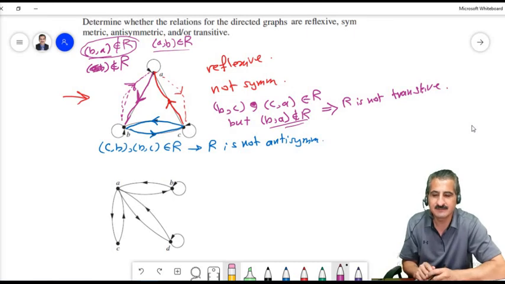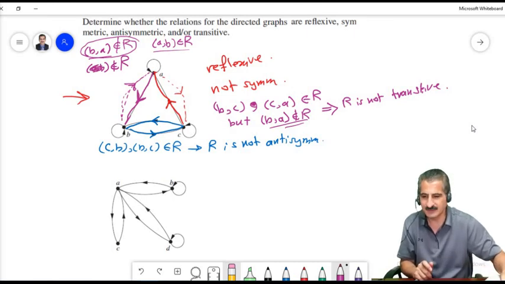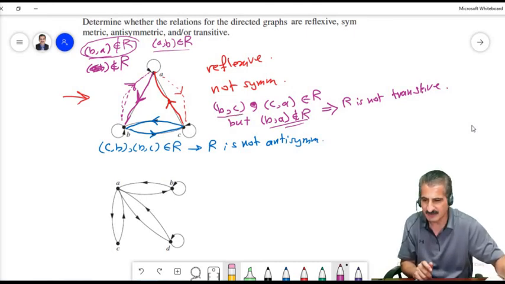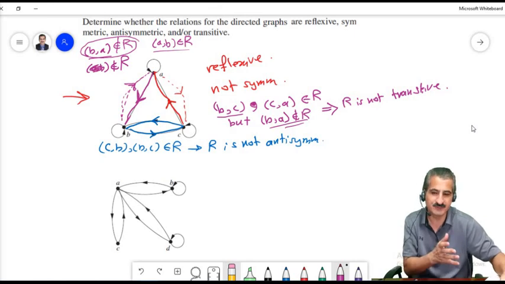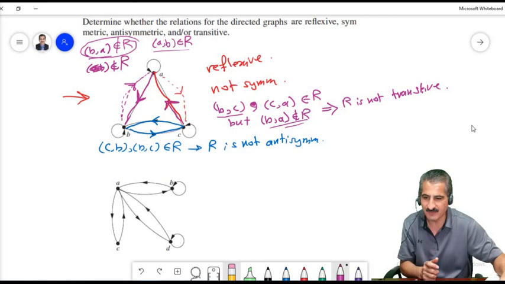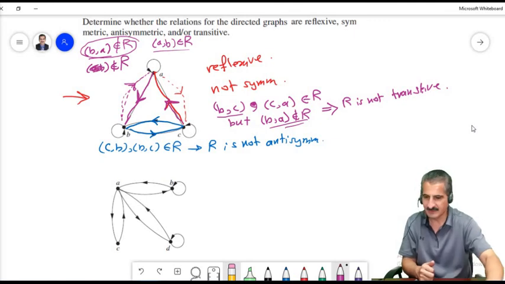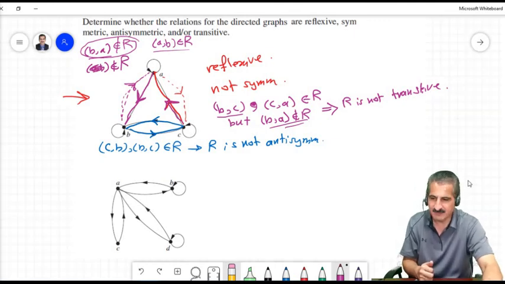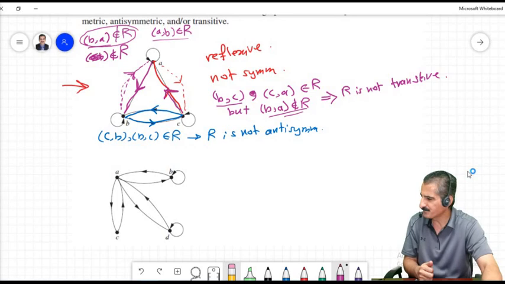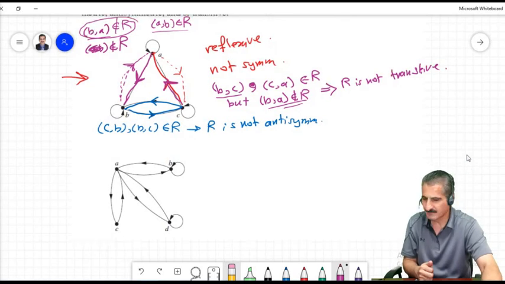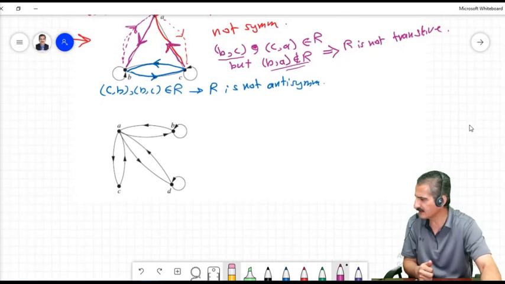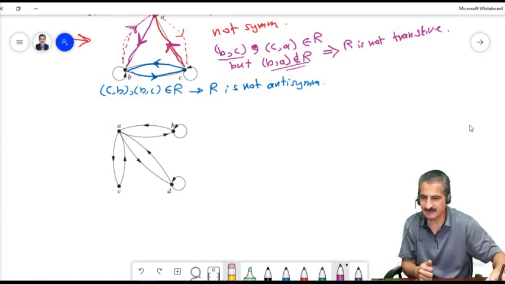Got it? So now I have B related to C, because I have an arrow going from B to C, and C is related to A because I have an arrow going from A to C. But B is not related to A. Now, I got answers from Sumaya and Maria.